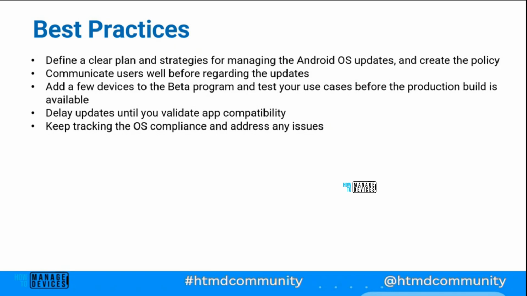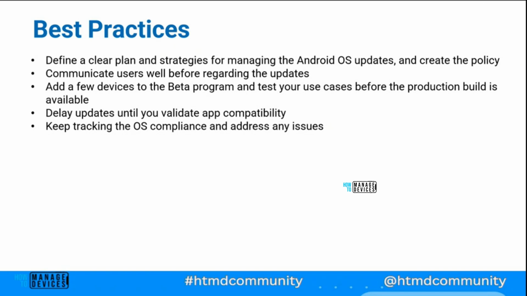applications. A few applications will crash when there is an OS update, as they may not be supporting the newer versions. So once you enroll in the beta program, download the major applications which you feel are the lifeline for your organization, and validate their compatibility.